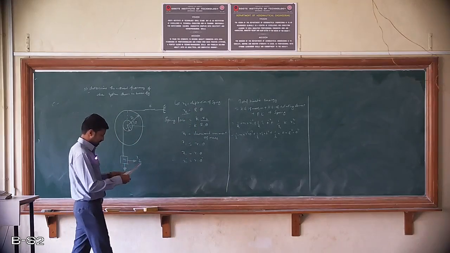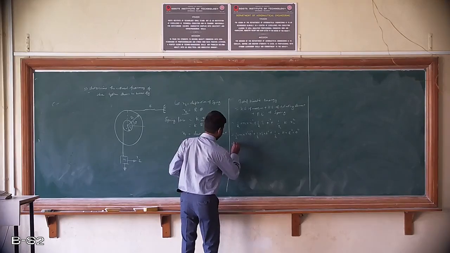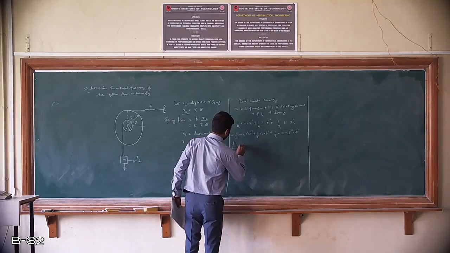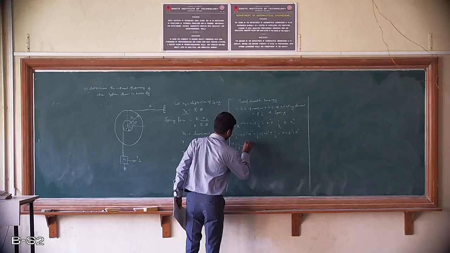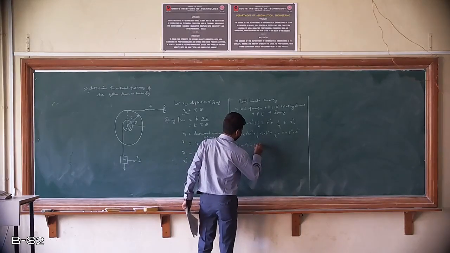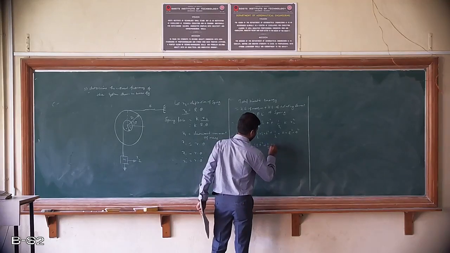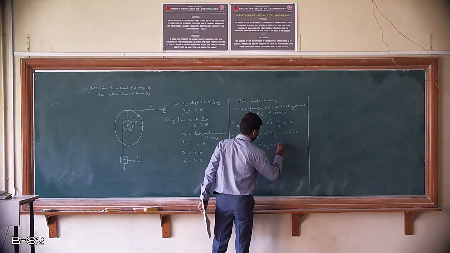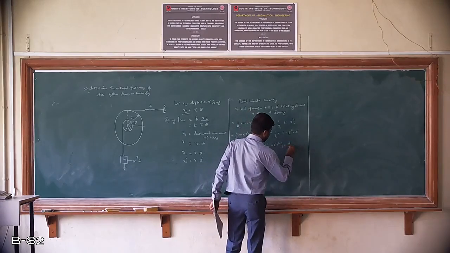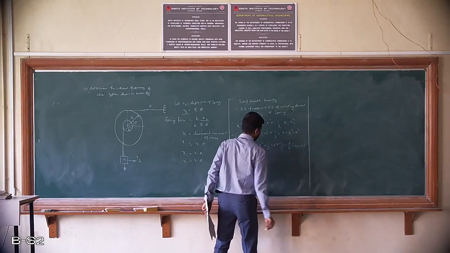So now differentiating this one. d by dt of half into m into r square into theta dot square plus half into I into theta dot square plus half into k into r square into theta square is equal to d by dt of a constant.